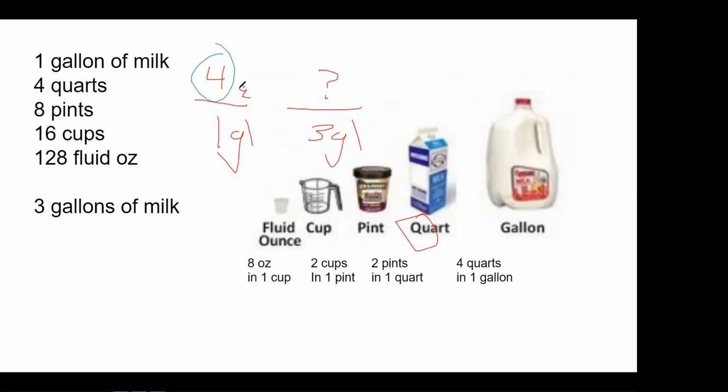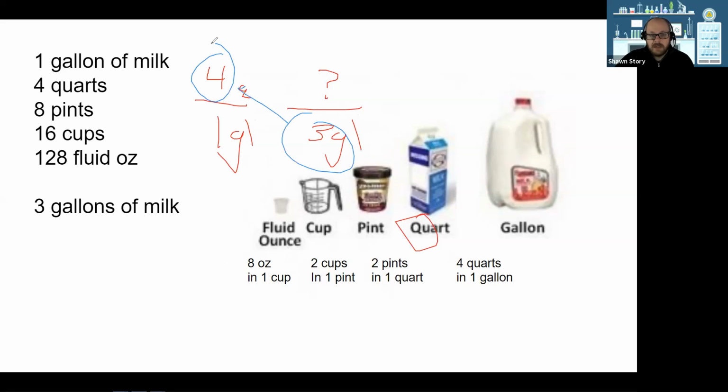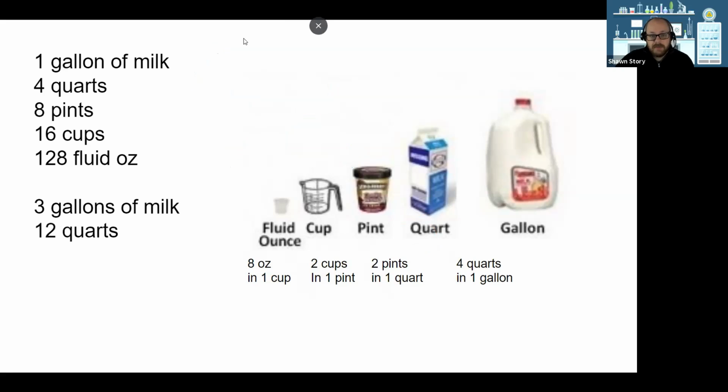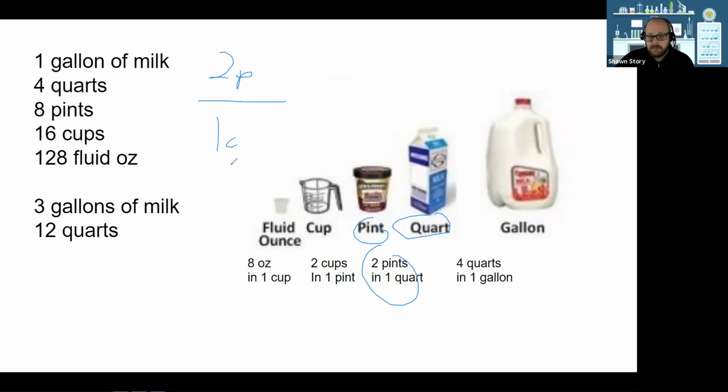Yep, 4 times 3 is 12. We got 12 quarts. All right, let's do the next one. How many pints? Well, I know it's 2 pints to 1 quart, so 2 pints equals 1 quart. And I have 12 quarts. How many pints is 12 quarts?